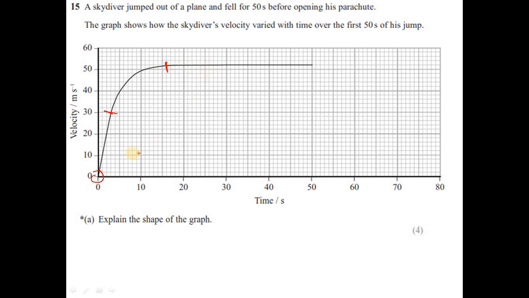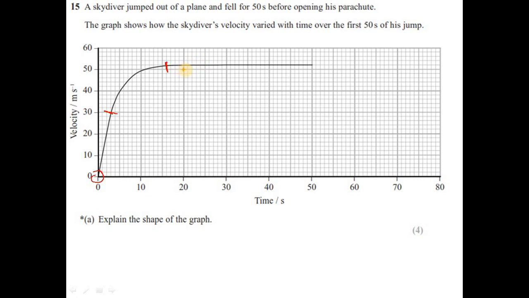So listen again. For the first interval, you need to give the reason that the velocity increased at a constant rate. In the second interval, velocity is still increasing, but the rate of increase has decreased. And after this point, velocity is constant. And if you recall, this region is called the terminal velocity.